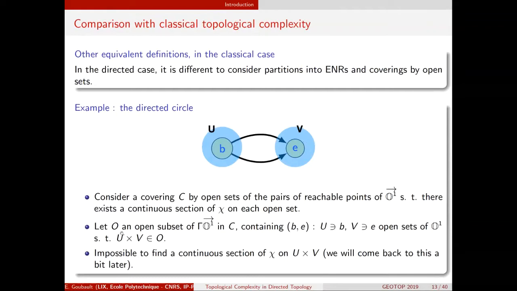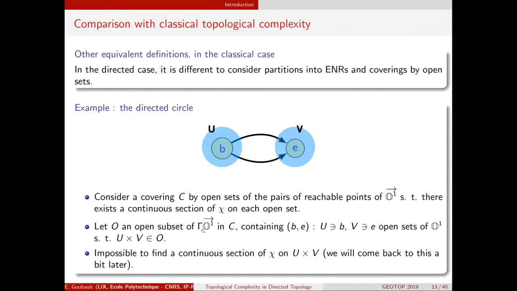And if I have such an open set O, then I'm sure I have a product of some small open neighborhood of B on my space, which I call U, times some small neighborhood of this space, which I call V, which is the intersection of the blue thing with my space, of course, around E, which will be included in O. And then, actually, this is just impossible to find a continuous section on such U times V open subsets of my space.